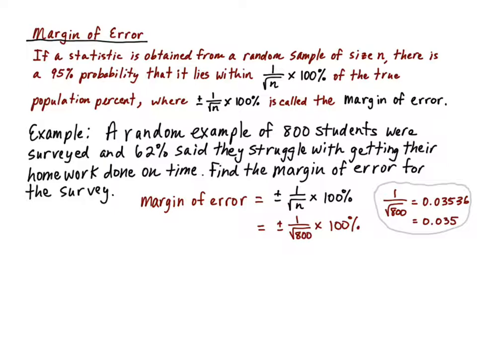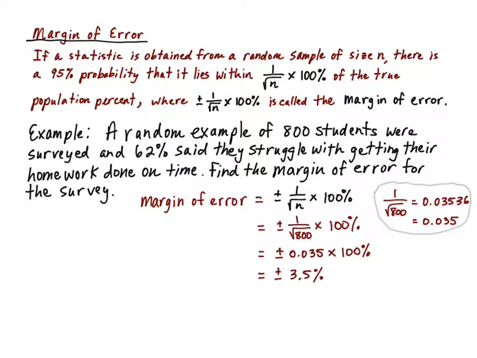And so let's go ahead and plug that into our equation here, and we get plus or minus 0.035 times 100%. Now when we multiply by 100, that's going to move our decimal 2 places to the right, and then we just need to make sure we include the percent symbol. And so our margin of error is plus or minus 3.5%.